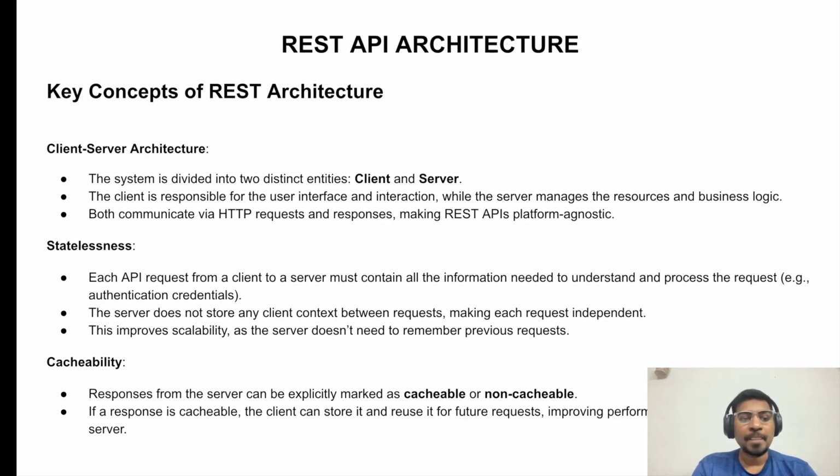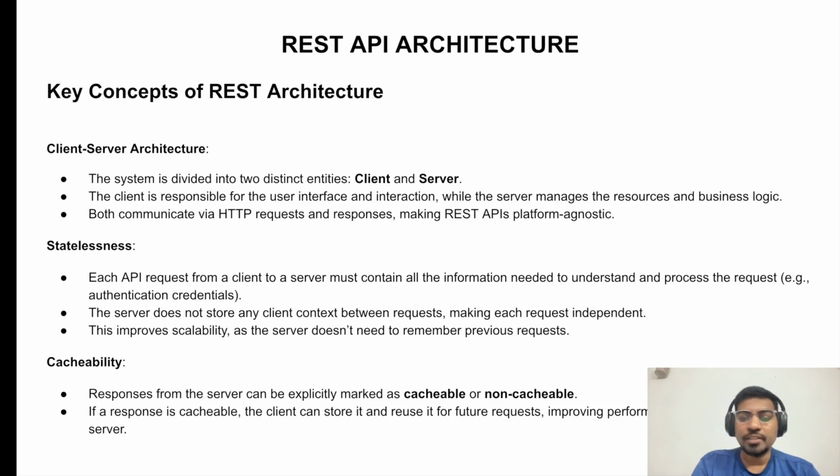Cacheability. Responses from a server can be marked as cacheable or non-cacheable. If your response is cacheable, then the client can store it and reuse it for future requests, improving performance and reducing load on the server.